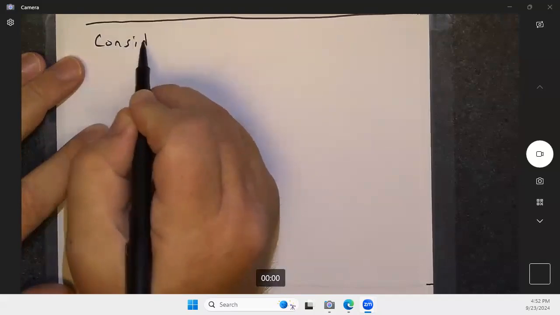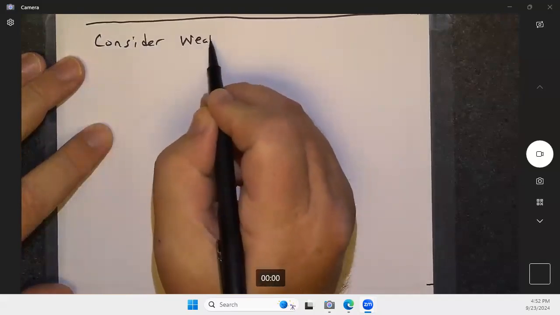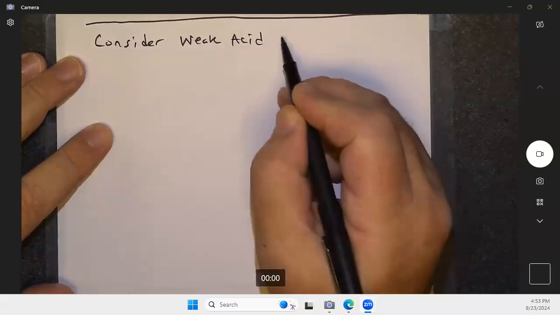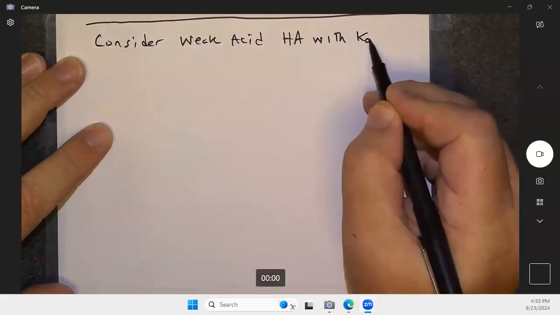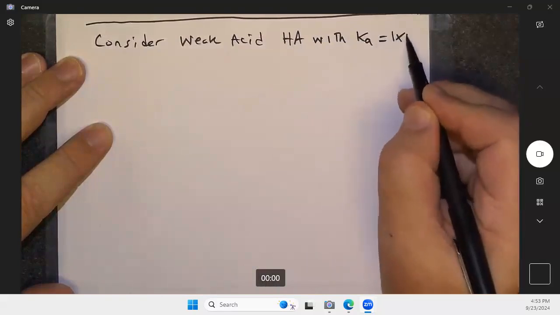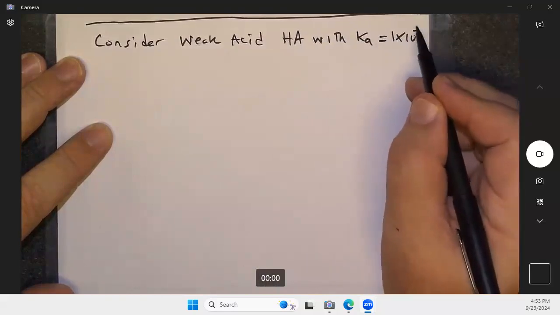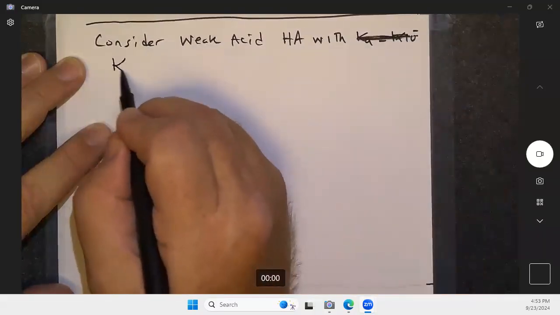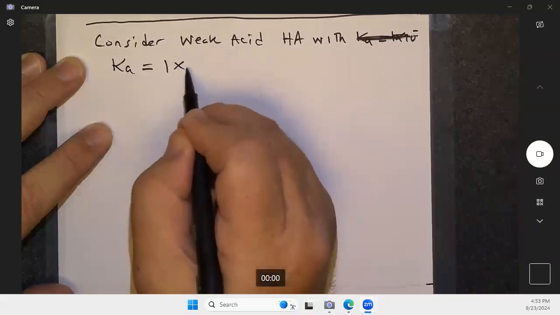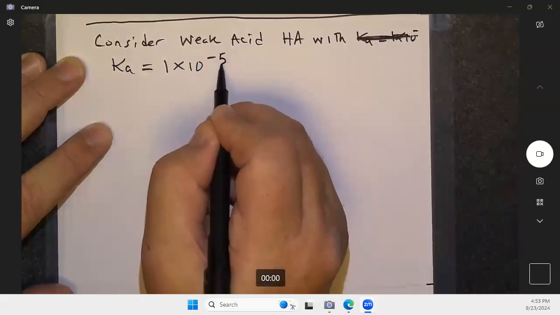Now, let's consider another one. Consider weak acid HA with Ka equal to 1 times 10 to the minus 5.